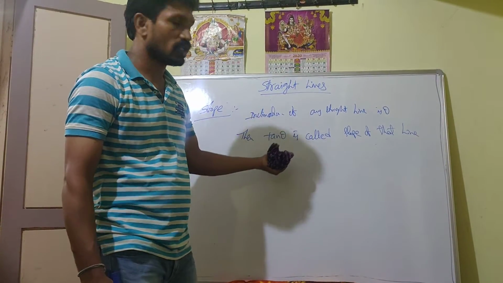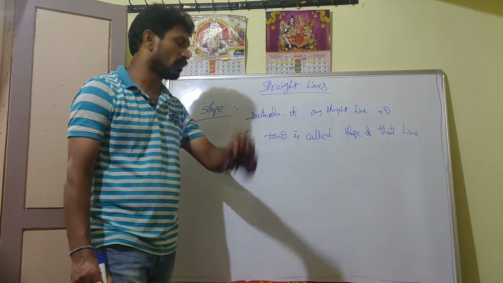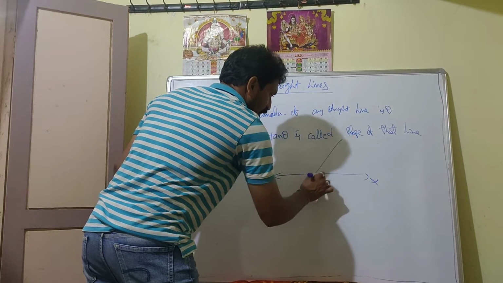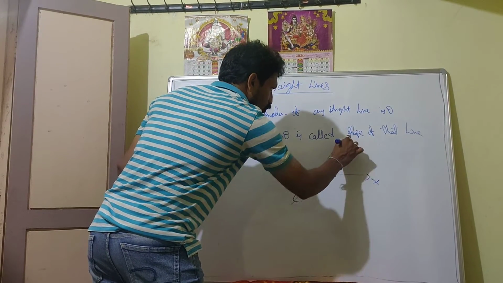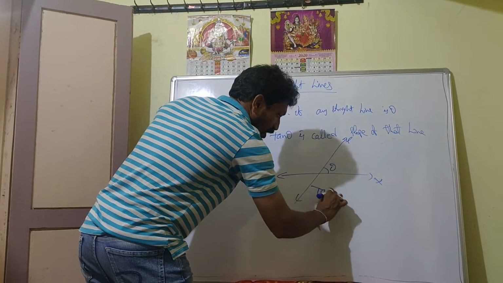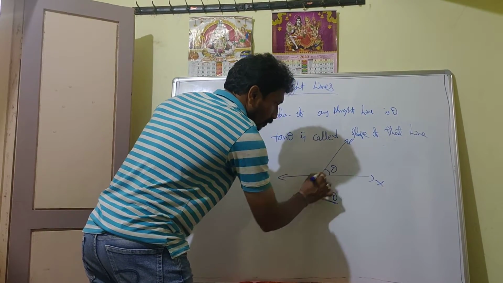Actually, for slope there are many definitions. This is one of the definitions. Suppose this is the x-axis and this is any straight line L. If this inclination is theta, then tan theta is called the slope of this line.